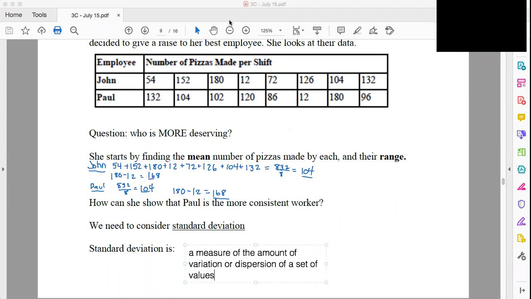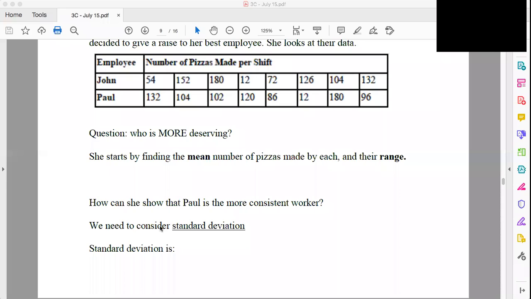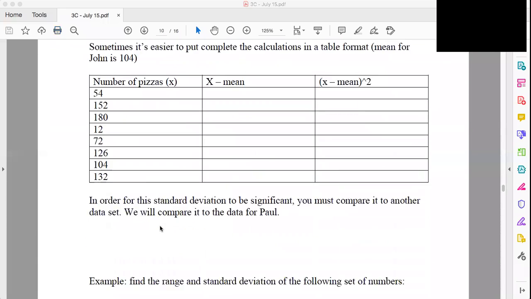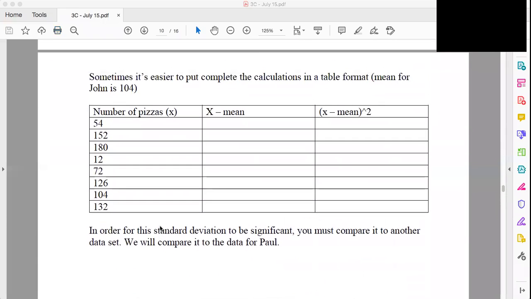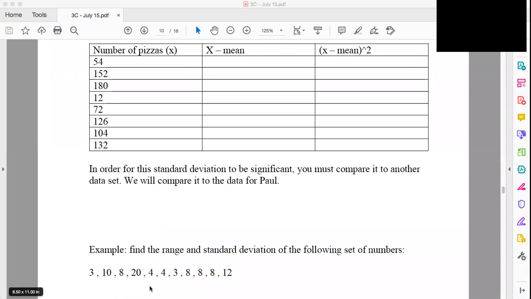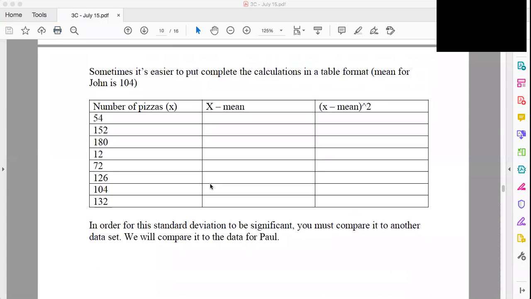So I'm going to clear this and we're going to do an example. Okay, we're not doing this example, but we're going to continue on with this. Sometimes it's easier to put complete calculations in a table format.